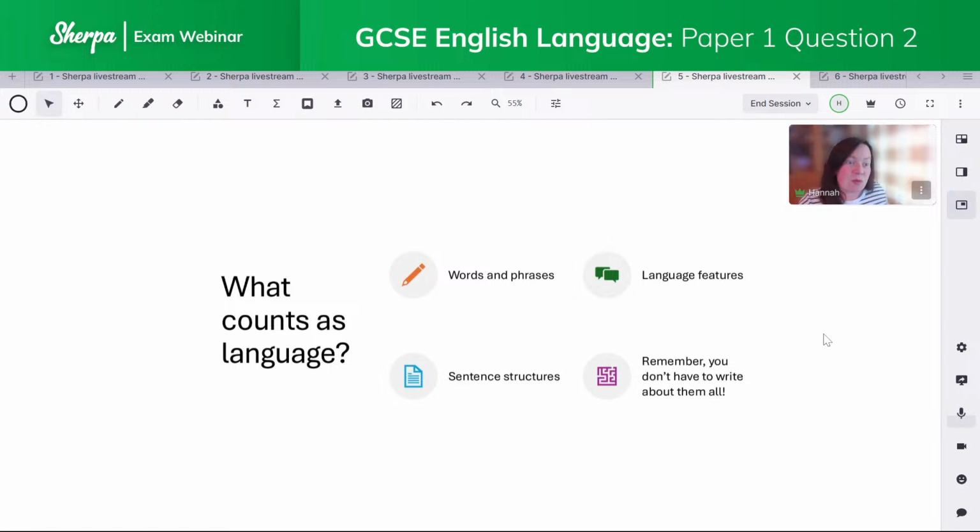The best one, probably, that's going to get you the furthest, are the language features. Those are things like similes, metaphors, personification, imagery, all that stuff. Generally, those kinds of techniques will lead to the best analysis, particularly if they're more of what we might call abstract. So maybe they're a little bit weird, maybe they compare to something strange.